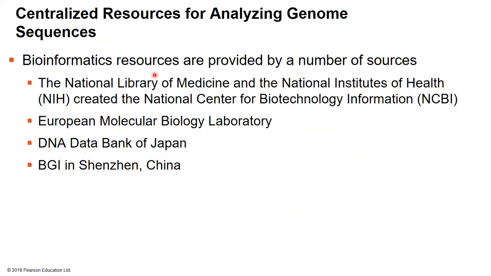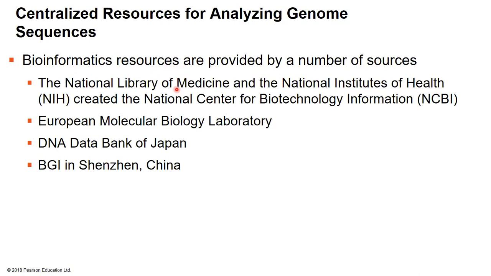So now the human genome sequence and the sequences of many genomes from different organisms can be accessed freely by anyone with an internet connection. Most of the biological data, the human genome sequence, the sequences of genes or genomes of other organisms, are all stored in databases, okay?